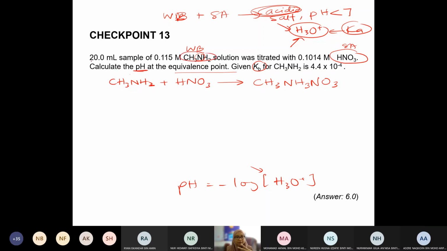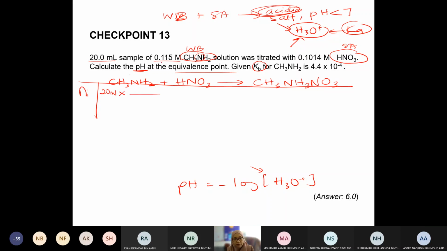For the weak base, because we have the volume and also the molarity. So let's put initial mole. Let's just calculate for the weak base, because for HNO3 we don't have the volume information. We only have the volume for the weak base. Right, so 20 mL.